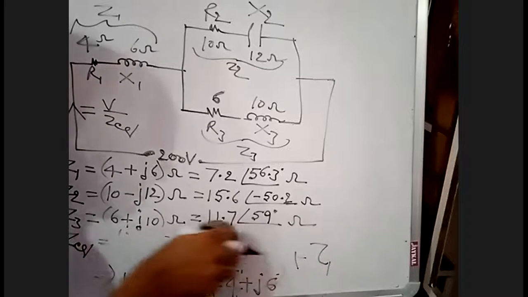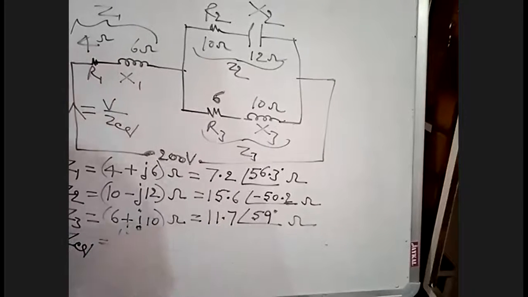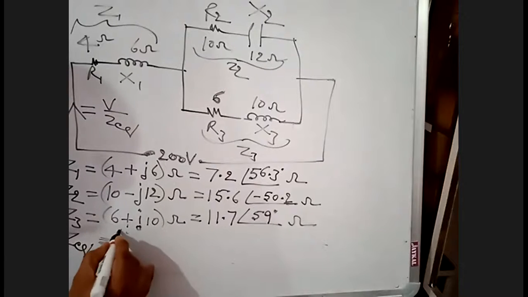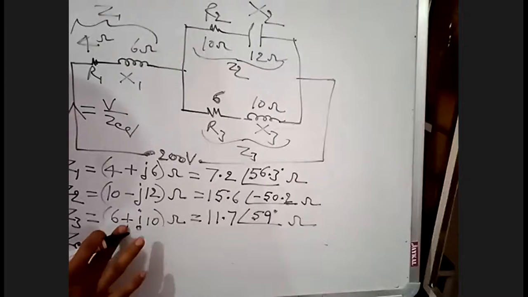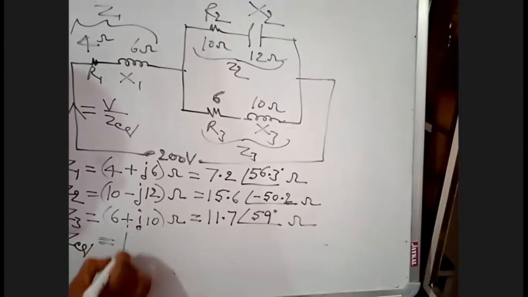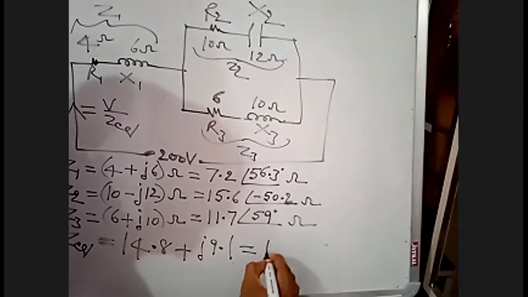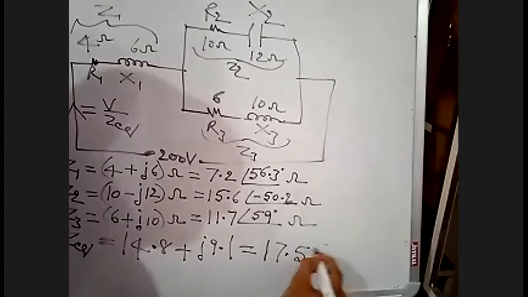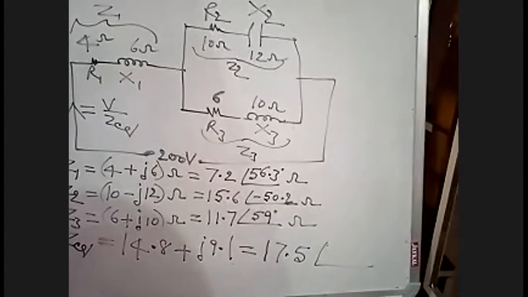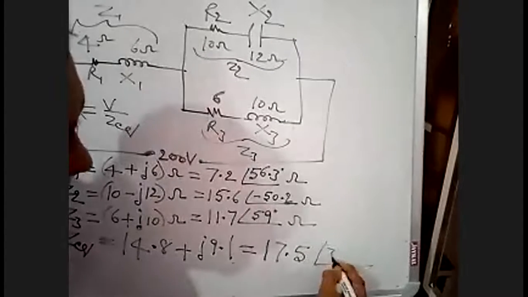Therefore, your Z equivalent is 14.8 plus J9.1. Convert it to polar form: 17.37 at an angle of 31.5.